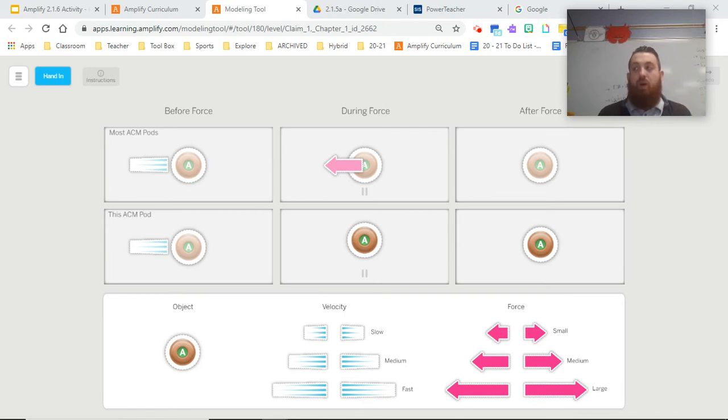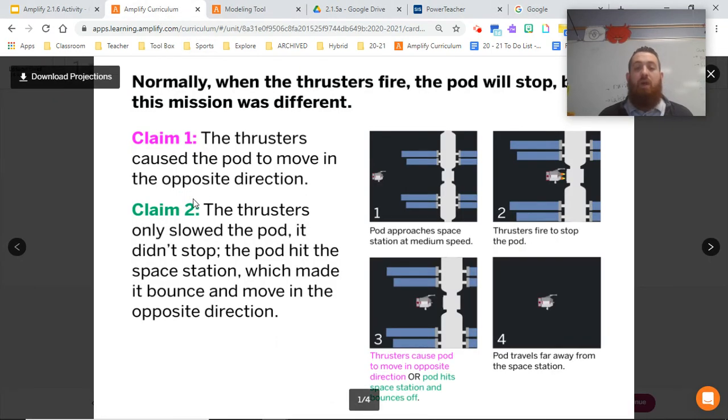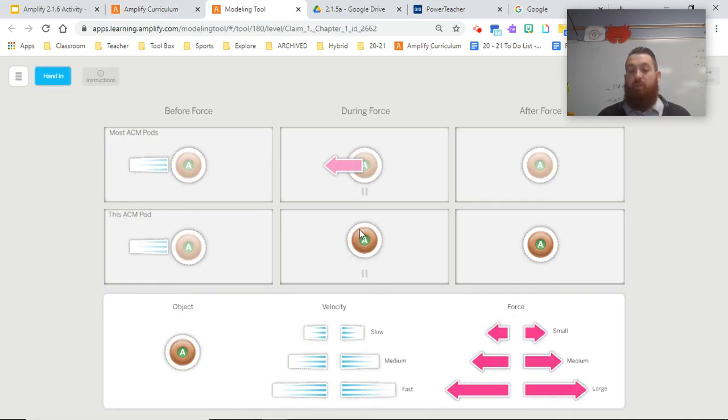But when you're done with claim 1, you're then going to move on to claim 2. Now, claim 2 is set up the exact same way, but for claim 2, you're going to focus on this idea. The thrusters only slowed the pod, it didn't stop it. The pod hit the space station, which made it bounce and move in the opposite direction. So now we're pulling in this idea that the thrusters didn't stop it.